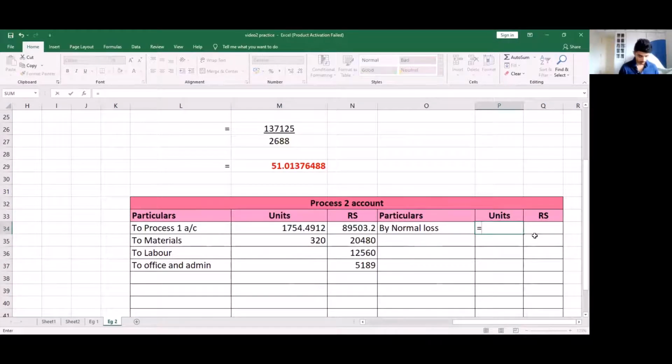So I'm going to write is equal to 4% into this plus this. That gives me 82.979 units. And the rate is going to be rupees 10.